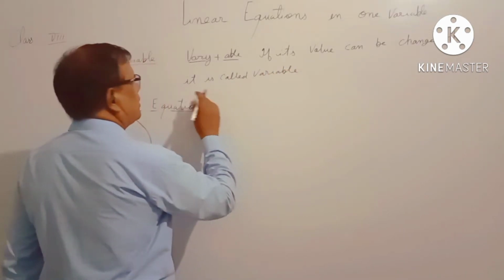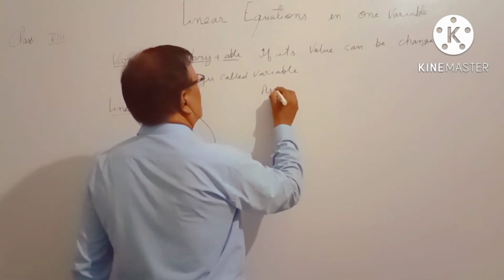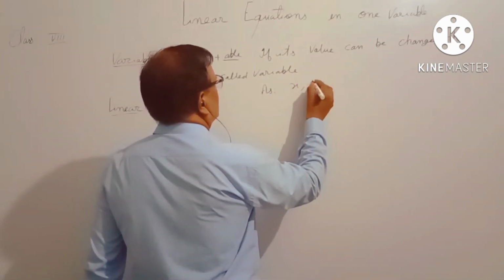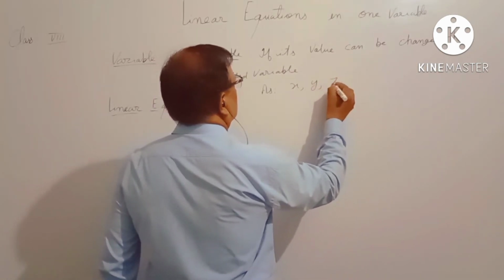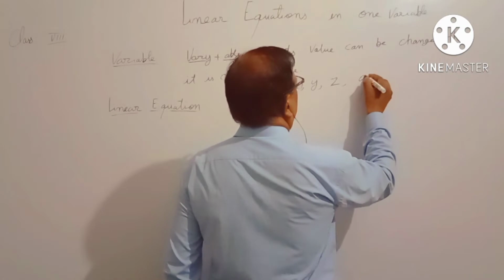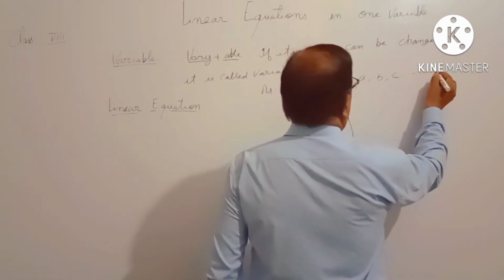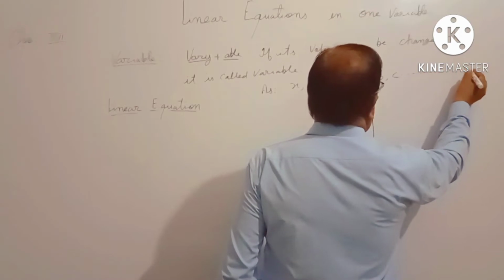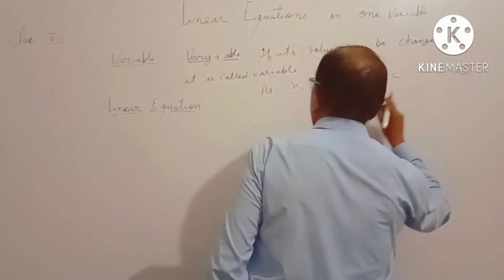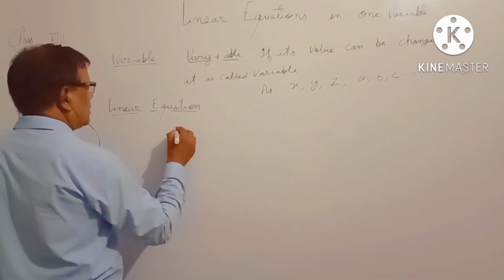Generally we take the variables as x, y, z, sometimes a, b, c also. In this way, these are letters or symbols. These are variables.